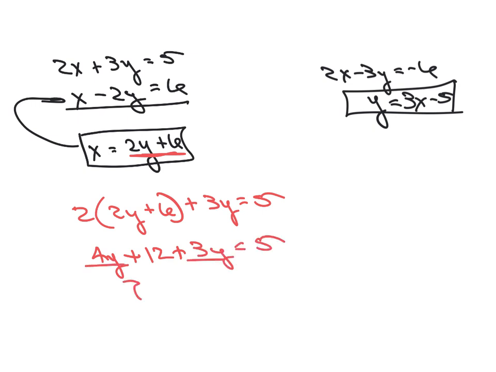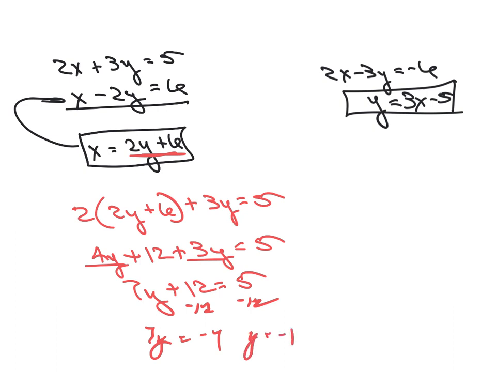Add those two. Okay, subtract 12. So 5 minus 12 is -7. So y is going to equal -1.